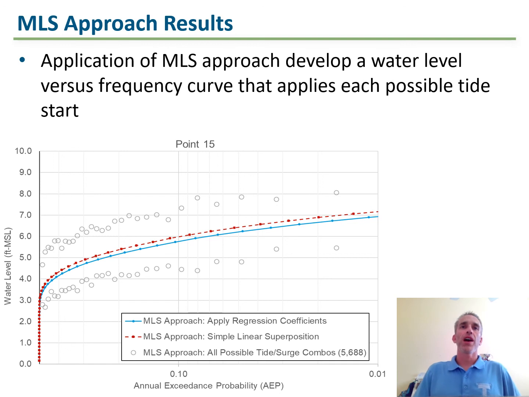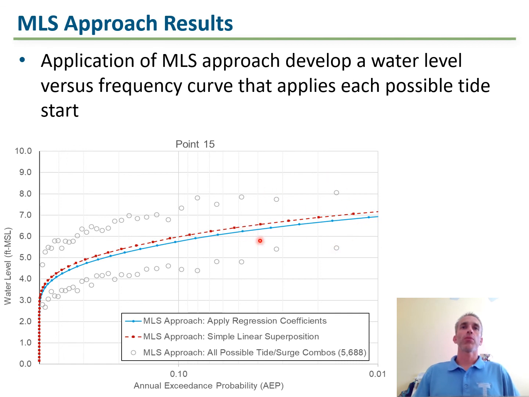And knowing that we had 30 storms within an approximately 60-year period, we can do a frequency analysis based on those 30 results and develop a water level versus annual exceedance probability curve, where if we just used a linear superposition result, we have the red dashed line, and if we apply the MLS correction, we get the blue line.